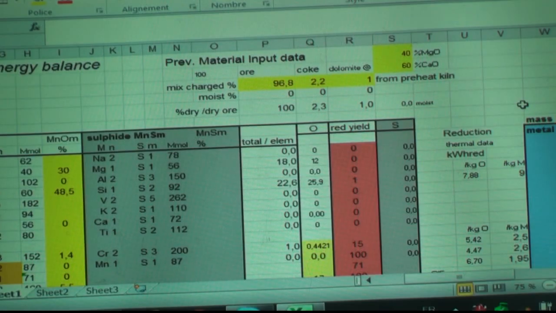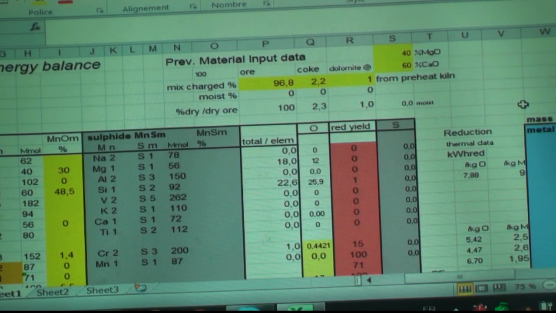It's similar, but not exactly the same, because in case of ferromanganese you have two objectives. It is to have a good metal and to have a good slag. You have two products that you sell.